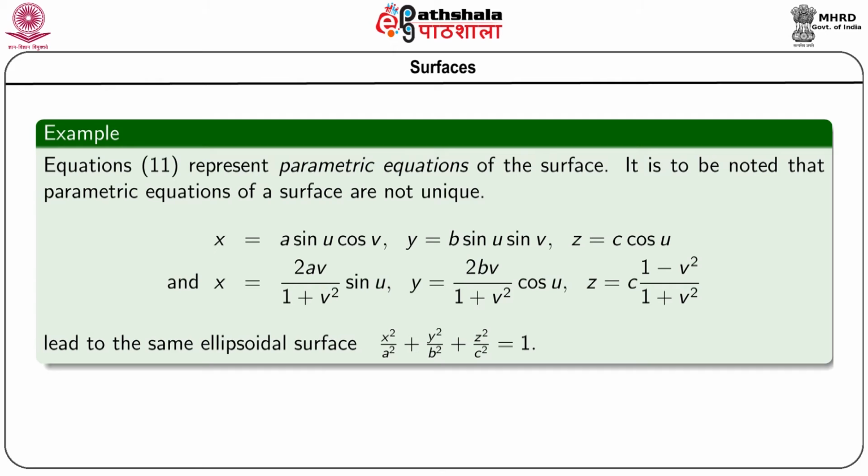From these three equations, if we eliminate u and v, we will get the same ellipsoidal surface which is written below. Thus, the parametric representation of the ellipsoid may be of two different forms. So, the parametric representation of a surface is not unique.